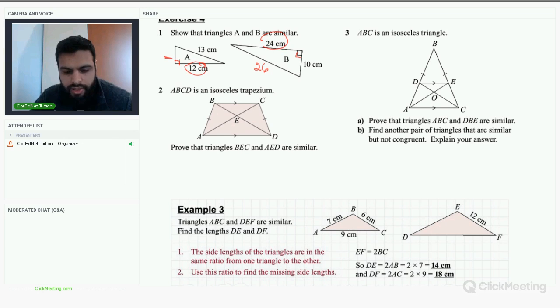So we can work it out like that as well, just to be sure. So 13 squared, and then we're going to minus 12 squared, and we get 25. So root the answer and we get 5, okay? So we can see this is going to be 5, and this is 10. So that would probably be the best and safest way to go about this.